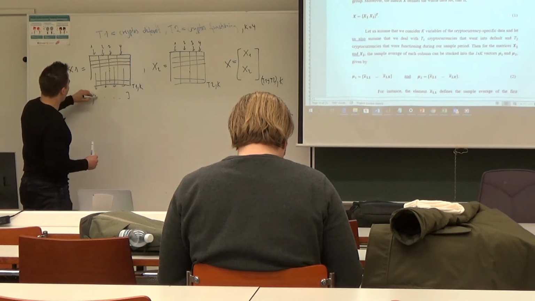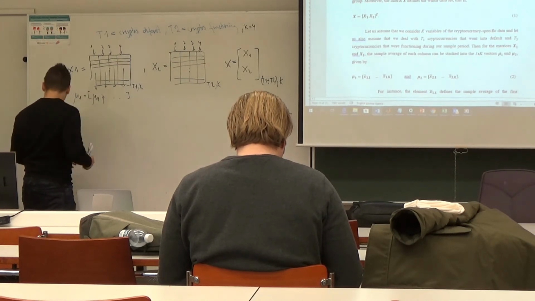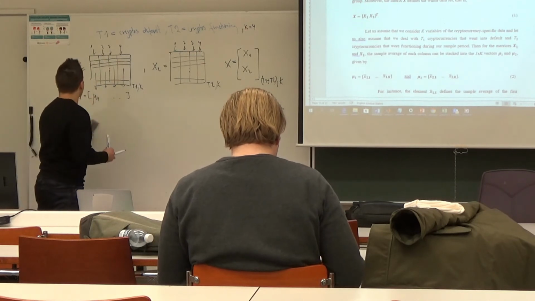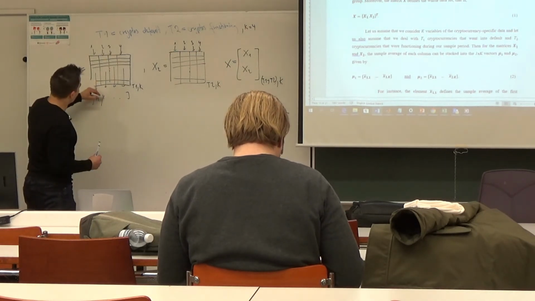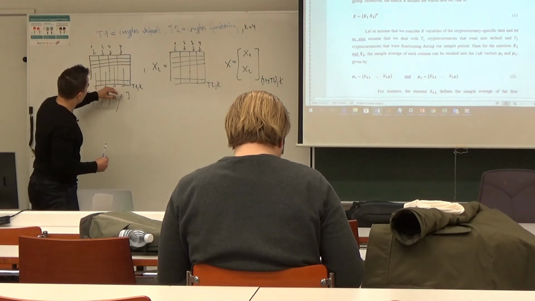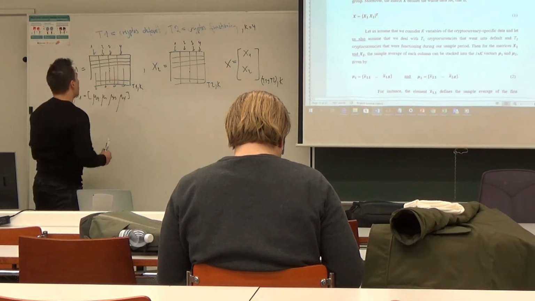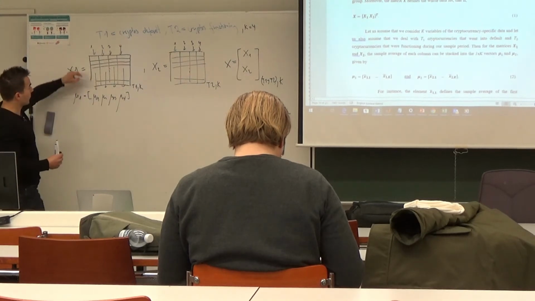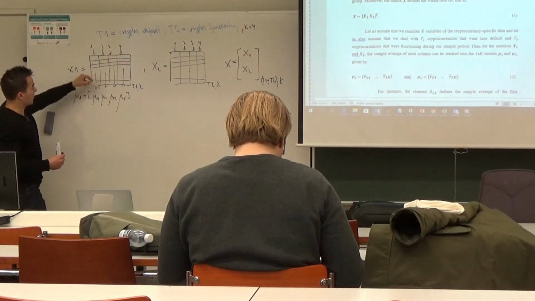So we have here mu1,1, mu1,2, mu1,3, and mu1,4, which is simply the corresponding average of each column.